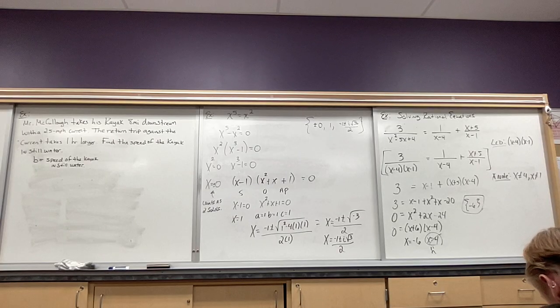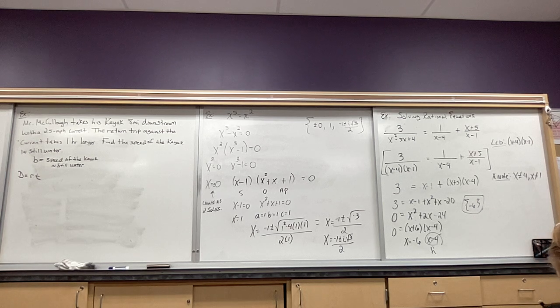Now one of the things you learned many moons ago was if you want to find the distance to anything, it's your rate multiplied by your time, right? Okay, so your rate would be like miles per hour, meters per second, feet per second. Time is measured in hours or seconds. And multiplying those together gives you the distance, all right? Well, looking at what I have here, I know it's going to be 8 miles downstream, which is good. We're going to need that.